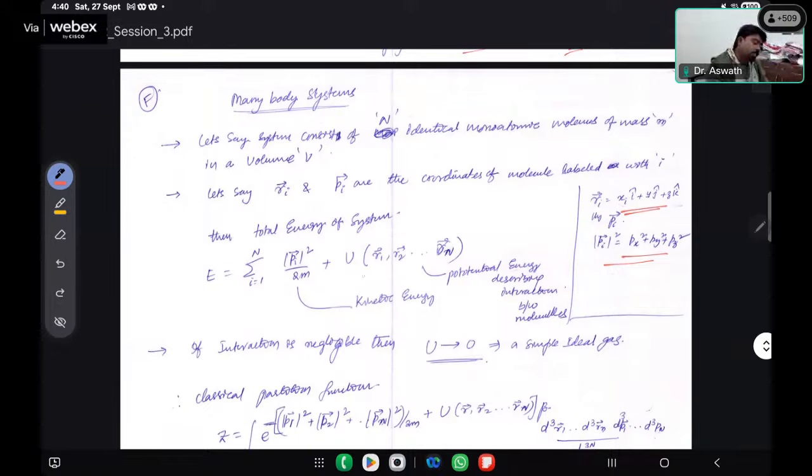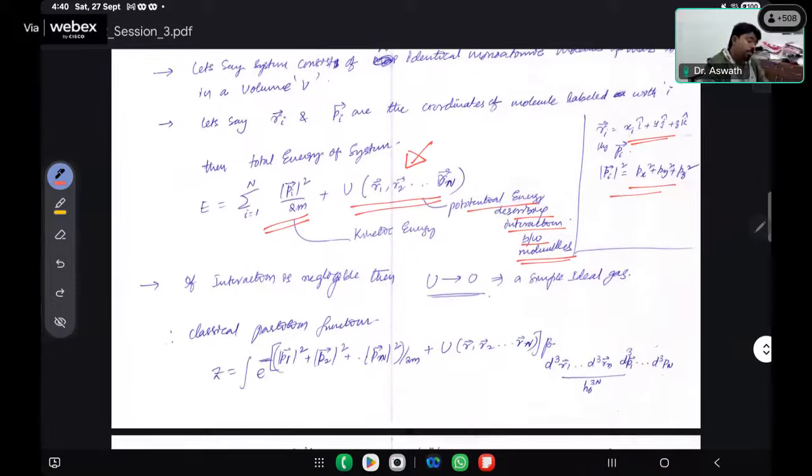I can't explicitly write down the potential energy, so let me write some expression U, which would take into consideration the interaction between the molecules and their individual potential energy. Kinetic energy is straightforward: you can individually write half mv squared for each element. When the system is not interacting at all, or negligibly, you can simply say U is equal to 0. That is a simple ideal gas scenario.